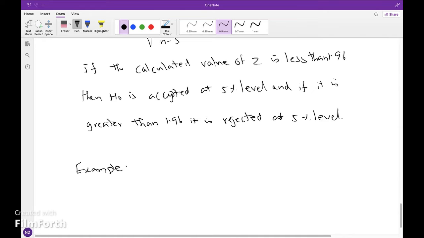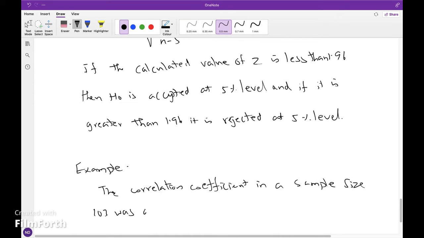Example: the correlation coefficient in a sample of size 103 was 0.7.